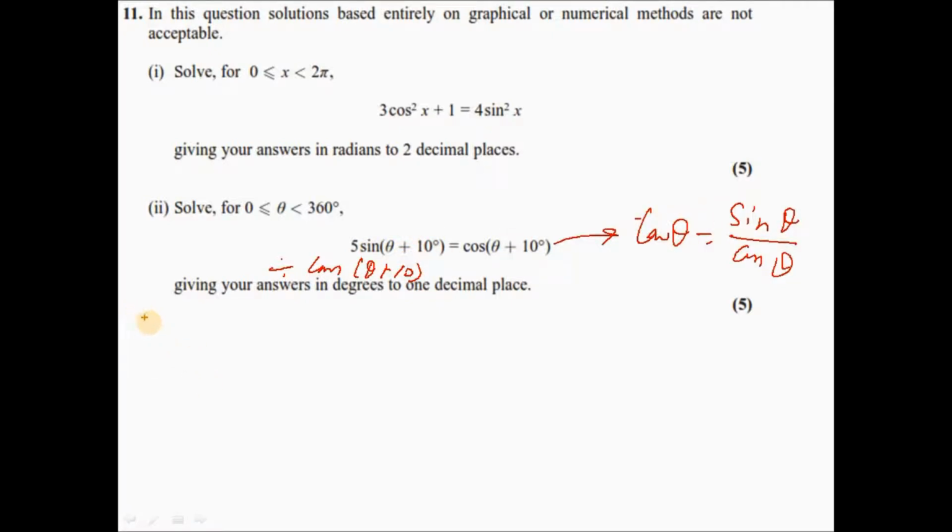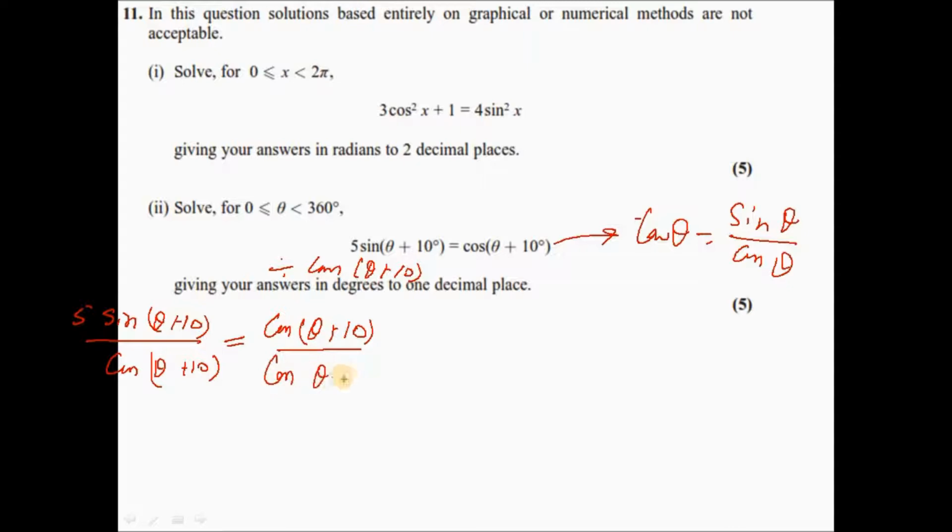Just for your understanding, I'm writing this additional step: 5 sine (theta plus 10) divided by cos (theta plus 10) is equal to cos (theta plus 10) divided by cos (theta plus 10). Clearly the cos cancels to give 1, and sine upon cos gives tangent. So you have 5 tangent (theta plus 10) is equal to 1.